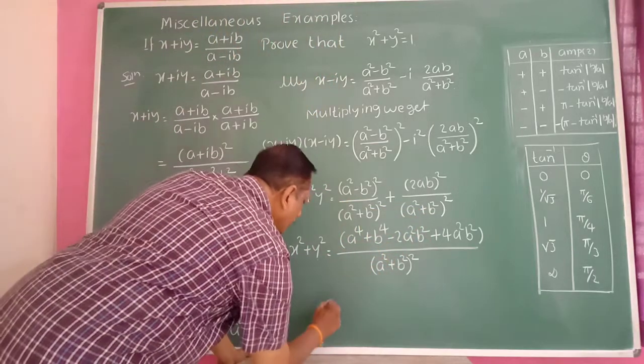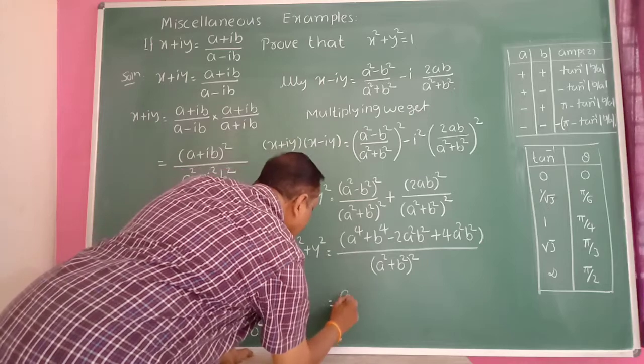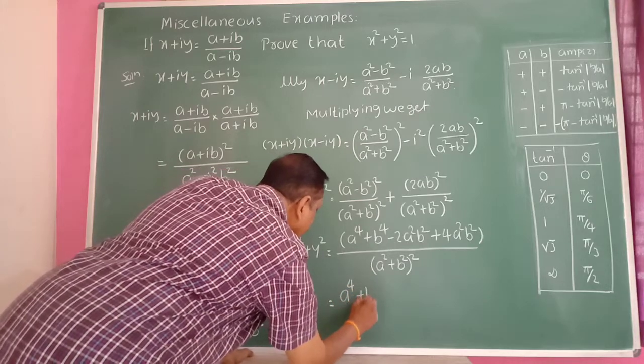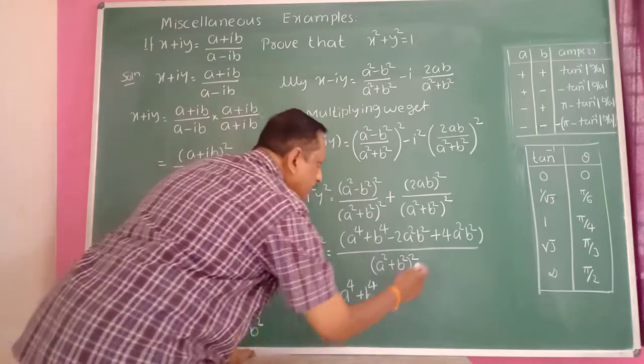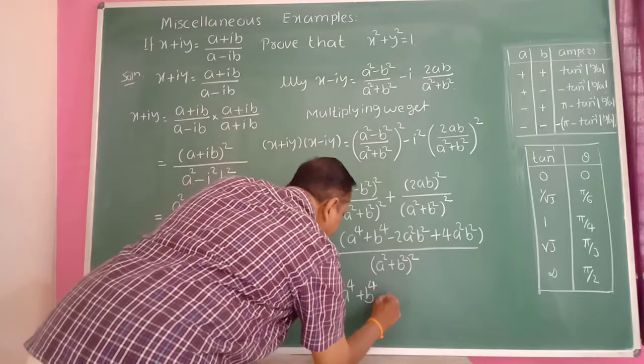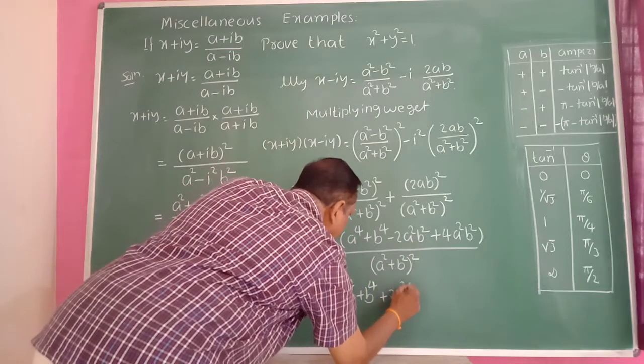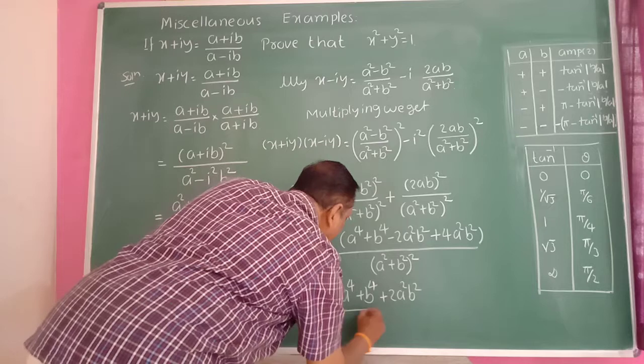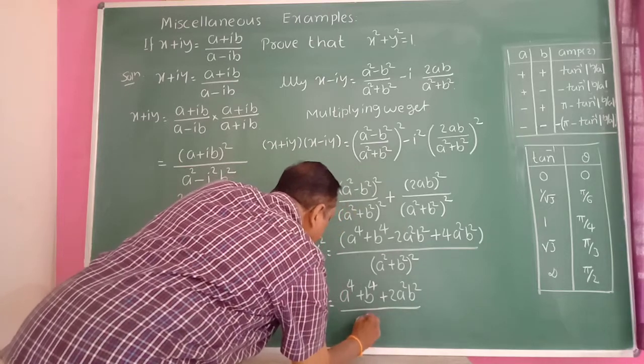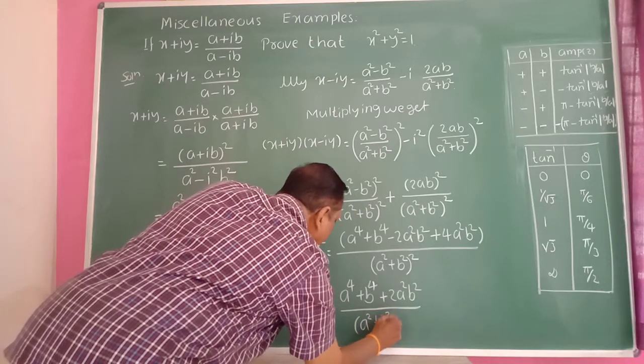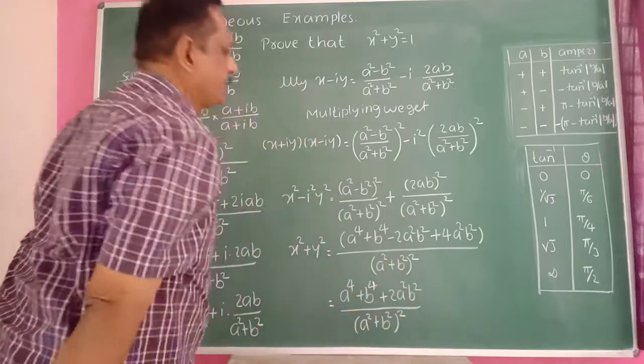Therefore, this is equal to a raised to 4 plus b raised to 4. Then this minus of this gives plus 2 a square b square divided by a square plus b square, it's a square.